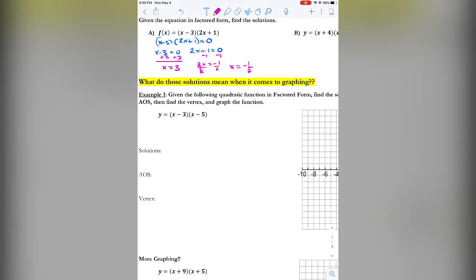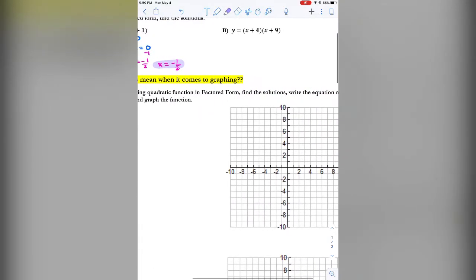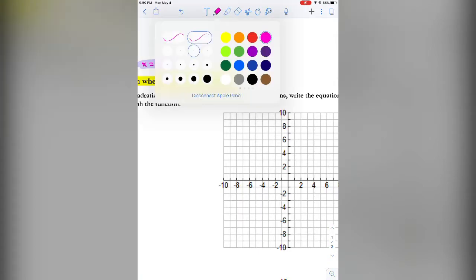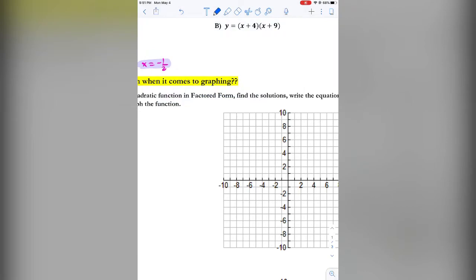Now, in a second, we're going to come back to these, but what do the solutions tell us about the equations? Let's look at this next one. We start off with x plus 4 times x plus 9. Again, we want to set the equation equal to 0 instead of y.